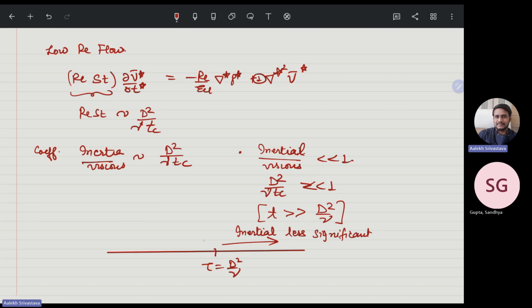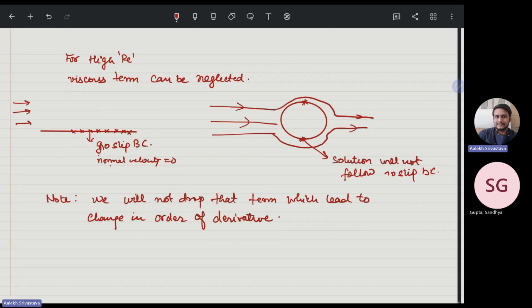And at this point the inertial term is significant. So that means when we are analyzing the problem, if my time scale is this much, or when this is very small, we can drop off this inertial term and we can solve it as a simple equation.